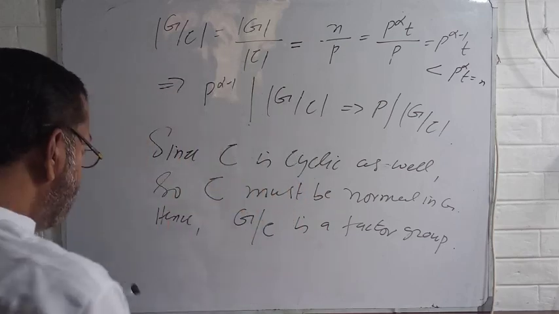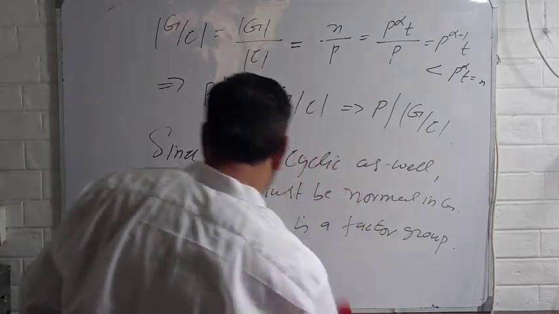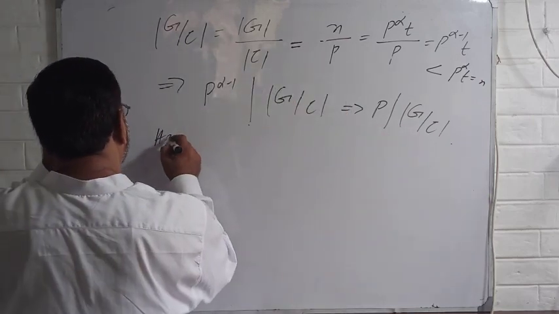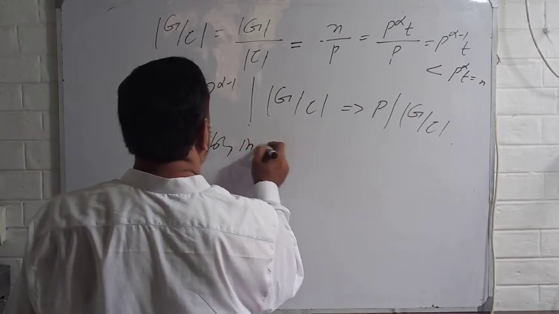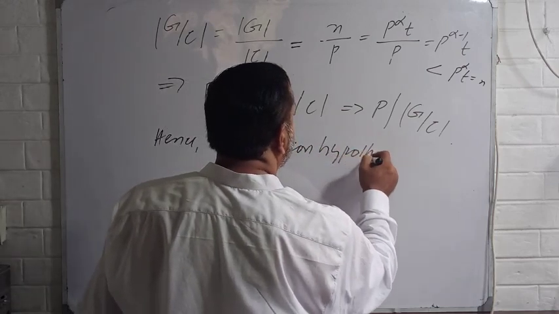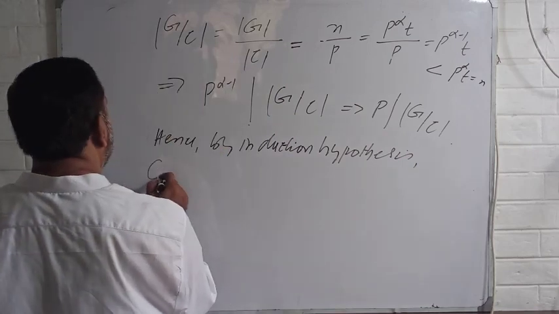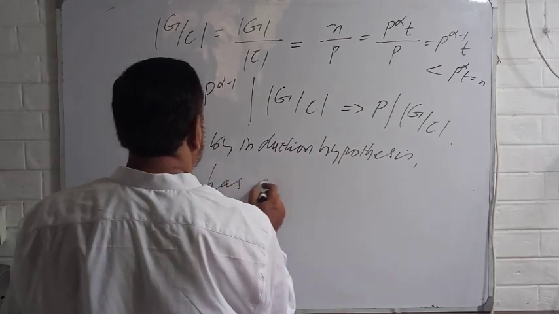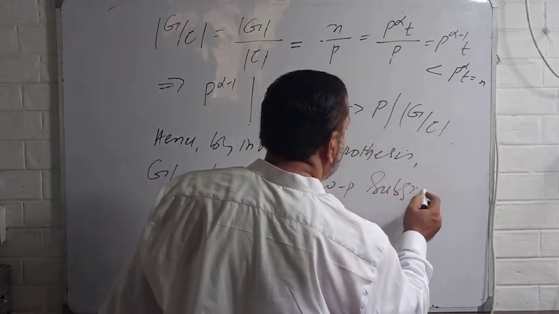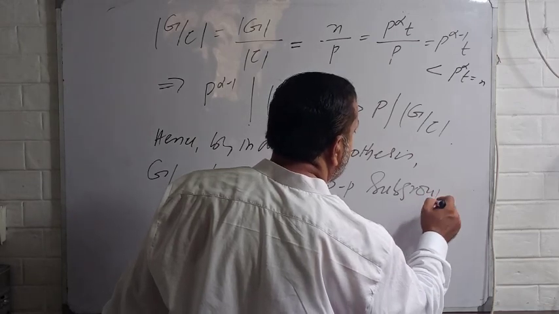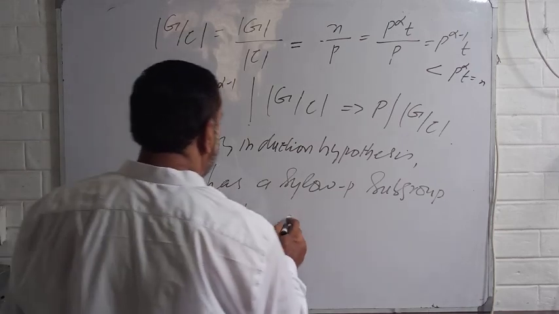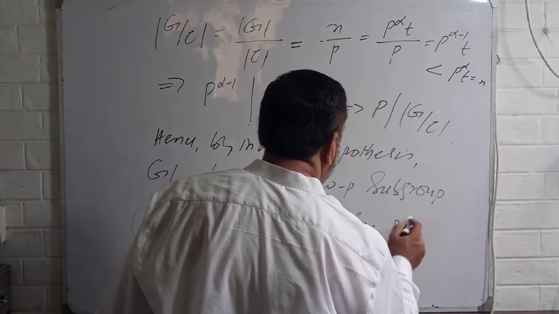Hence, by the induction hypothesis, G by C has a Sylow-p subgroup, say H by C, of order P power alpha minus 1.